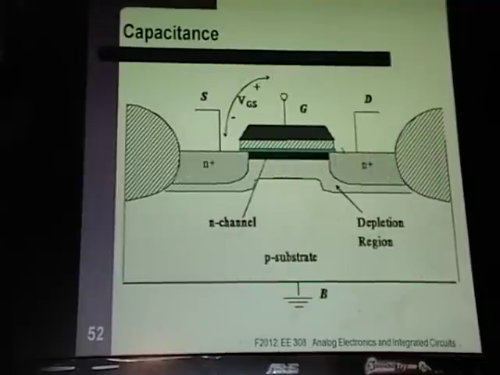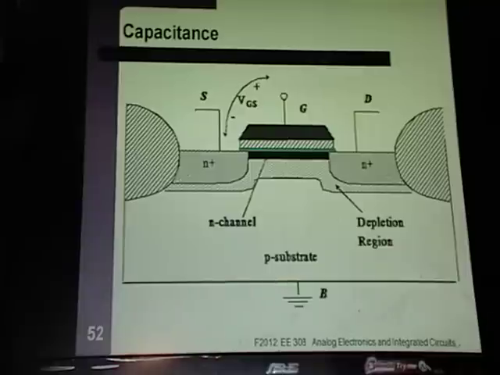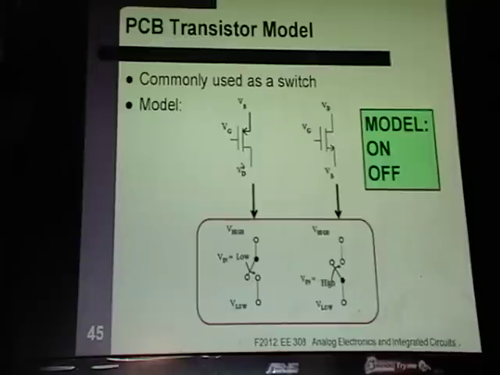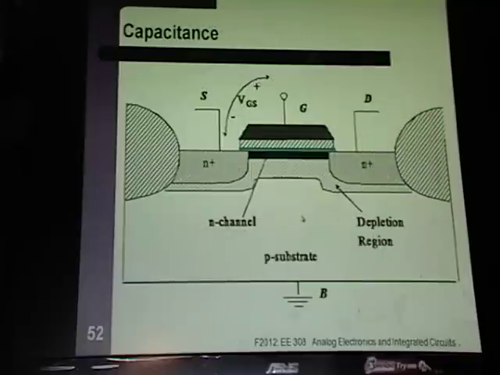But when we start to talk about frequency response, we have this other model, the small signal model. Let me just go, I cut out a bunch of slides right here. In between that last slide and this slide, we've come up with the small signal model for low frequencies. That means it doesn't have any capacitors in it.